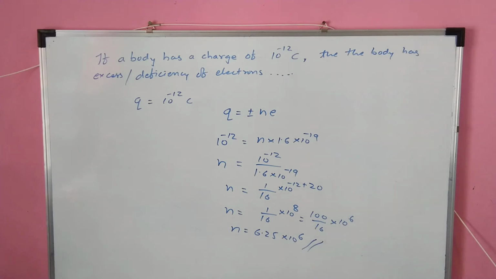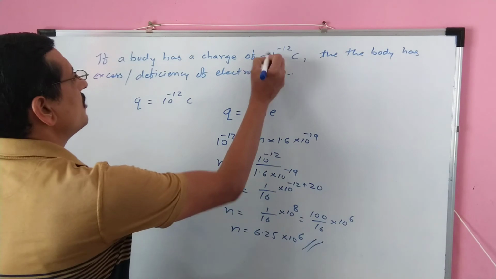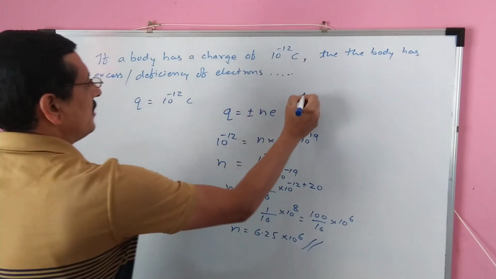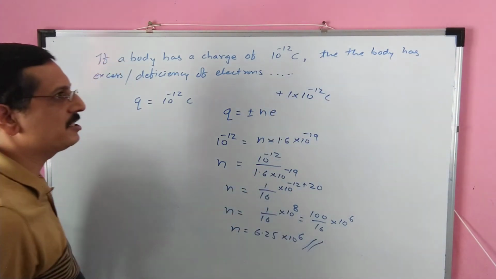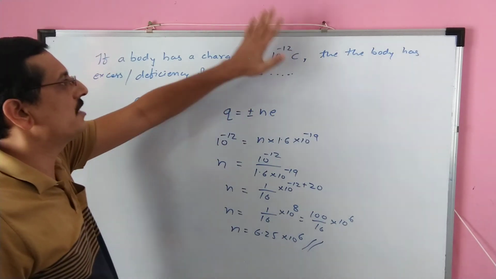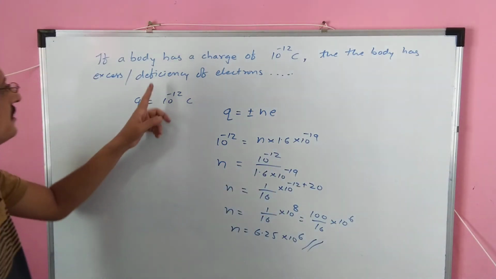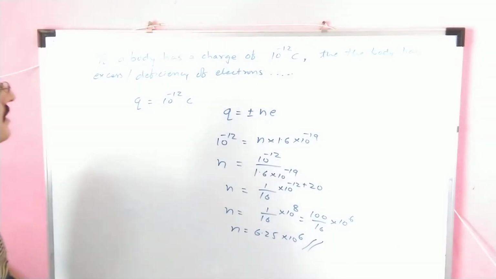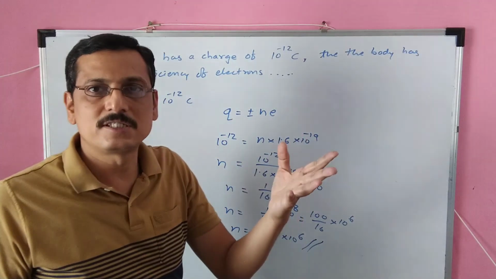Nowhere are they saying it is minus; if so, it would be with a minus sign. It is with a positive sign, 10^-12 coulomb, which means it is plus 1 × 10^-12. So it is positively charged. If it is positively charged, it has lost electrons, it has a deficiency of 6.25 × 10^6 electrons.